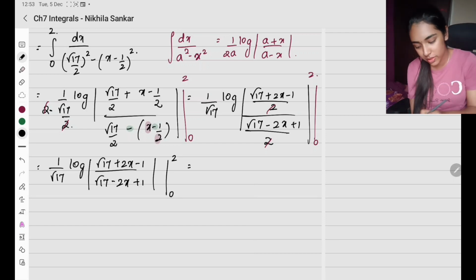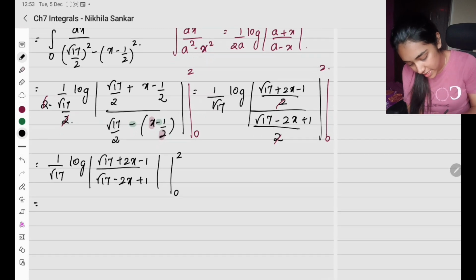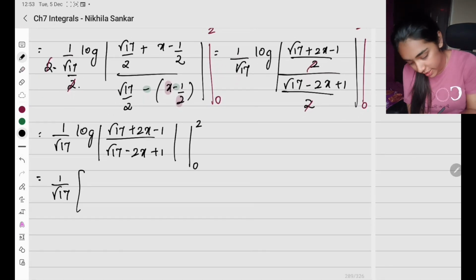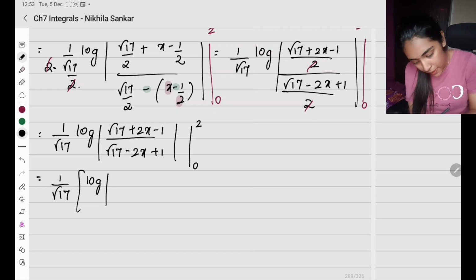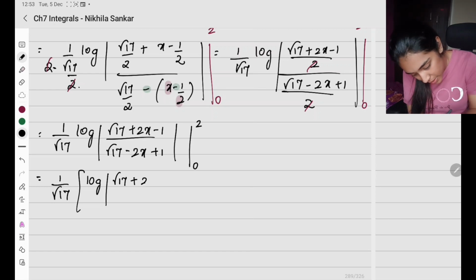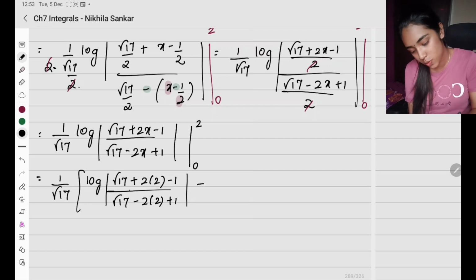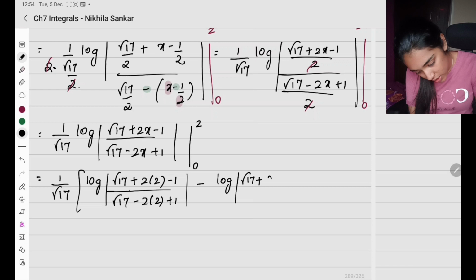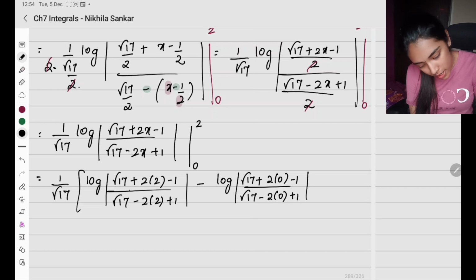So when I substitute the values, what do I have? I'll write in the next step. I have 1 by root 17 times, taking common, log mod upper limit: root 17 plus 2 times 2 minus 1, root 17 minus 2 times 2 plus 1, minus now the lower limit: log mod root 17 plus 2 times 0 minus 1, root 17 minus 2 times 0 plus 1.